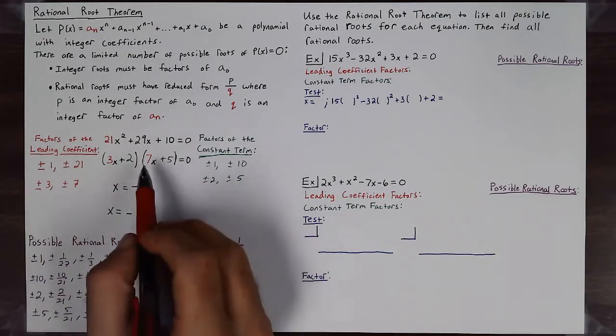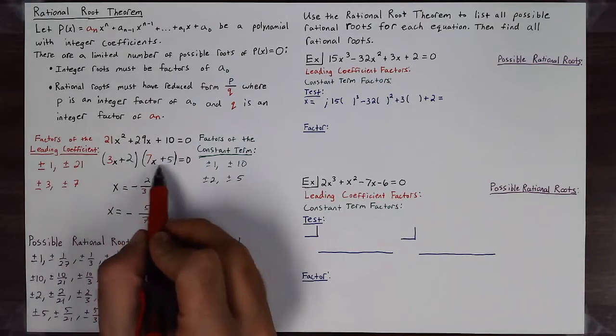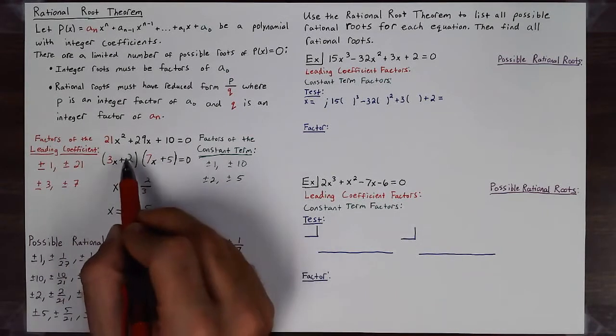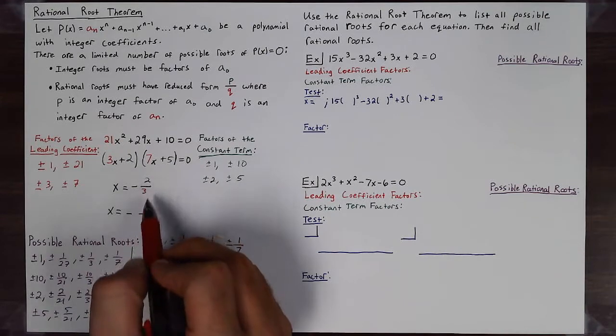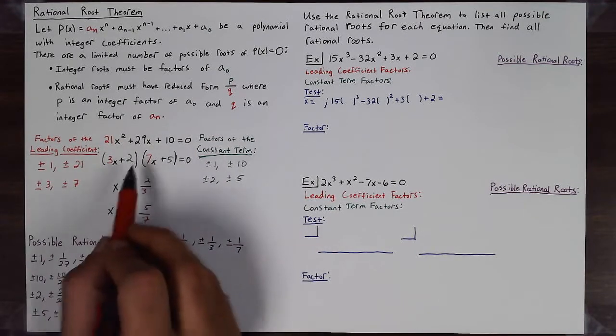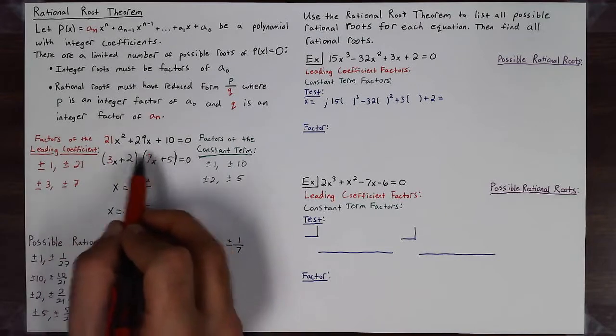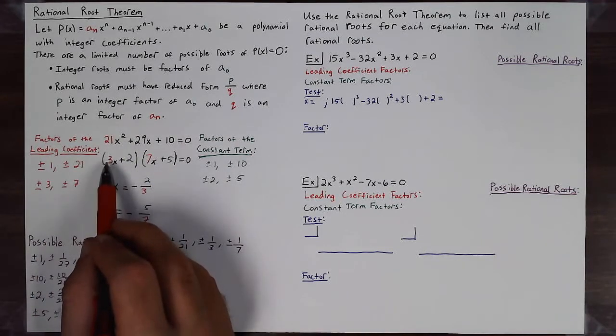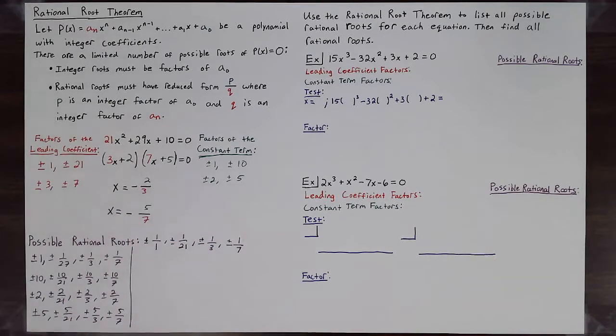And you can kind of see that in the linear factors, the plus term at the end was always on the numerator. And when those are all multiplied together, they give me that constant term. And then 7x and 3x, when those are multiplied together, that give me the leading term. And those numbers in front of that were in the denominator of the answers. So that's why this theorem works as well as it does.